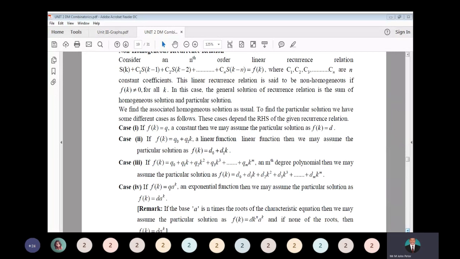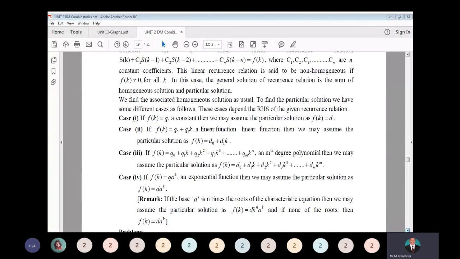Okay. So case 4, if f of k is equal to q into a power k, an exponential function, then we may assume the particular solution as f of k is equal to d into a power k. So the given function is an exponential function q into a power k.